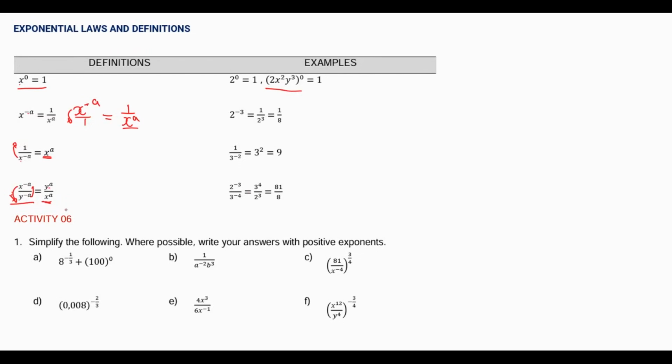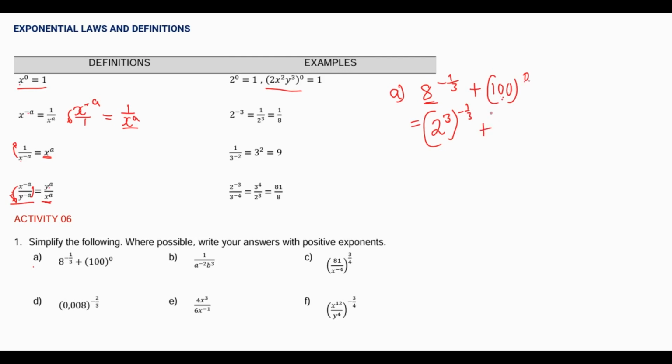Okay, so we can simply use these definitions when simplifying exponential expressions. Let's start with the first one, a. We have 8 to the power negative 1 over 3 plus 100 to the power 0. 8 written as a product of its prime factors is 2 to the power 3 raised to the power negative 1 over 3, and then plus 100 to the power 0 is 1.